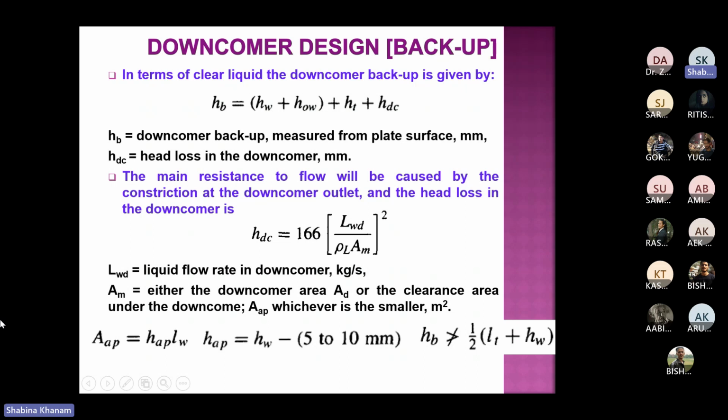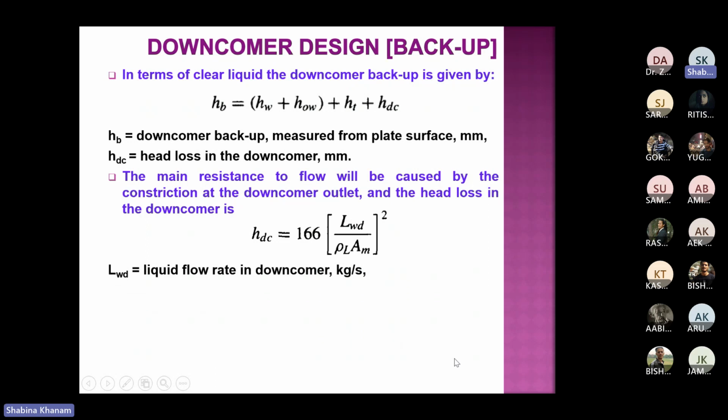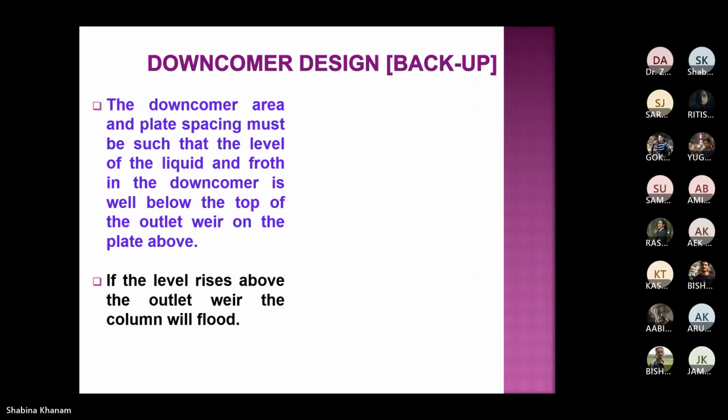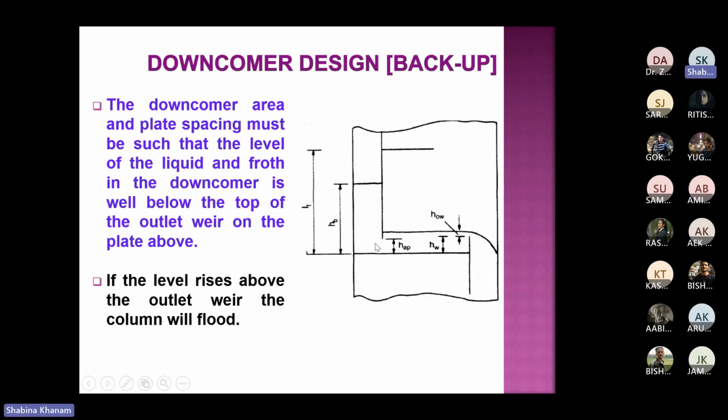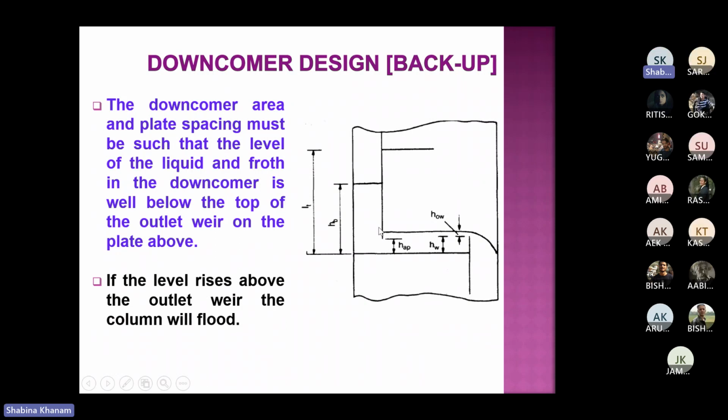Now, once I'm having this, we can find out this HB, which you can see over here. And the condition is that it should not be more than half of LT plus HW, half of plate spacing plus HW. Because if you see here, I'm having the total distance from here to above here.